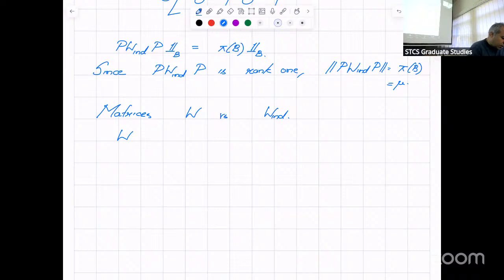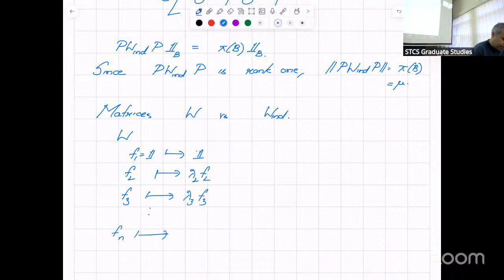What did it do? It took F1, which was the all ones vector, and mapped it to all ones. F2, these are the eigenvalues. I'm talking about eigenvalues. F2, what did it map it to? Lambda 2 times F2. F3 to lambda 3 times F3, and so on.